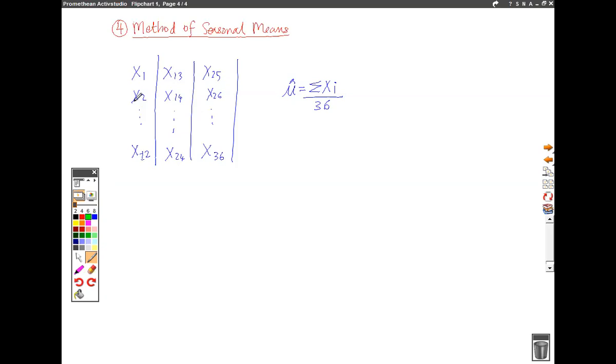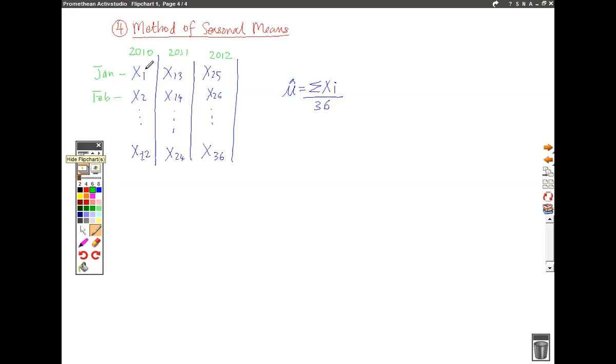So let us say this I'm representing as 12 months. This would be my January, February, and let's say this is the year 2010, 2011, 2012. So you have January here, X13 is going to be the sales in January, X25 is going to be the sales in January.